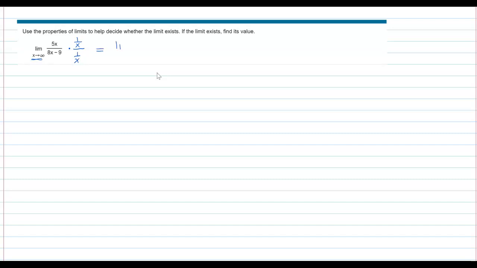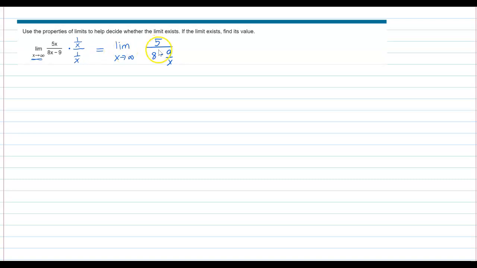So you will have limit x approaches infinity of, now if you multiply 1/x times 5x, you actually get 5. And then each term in the denominator will be multiplied by 1/x. So 8x times 1/x is 8. And negative 9 times 1/x is negative 9 over x.